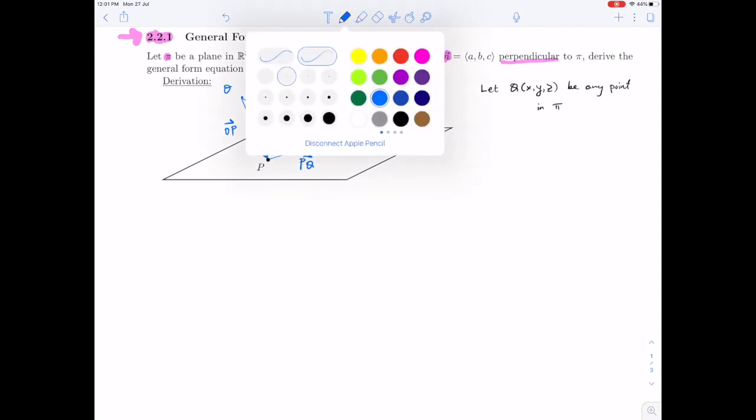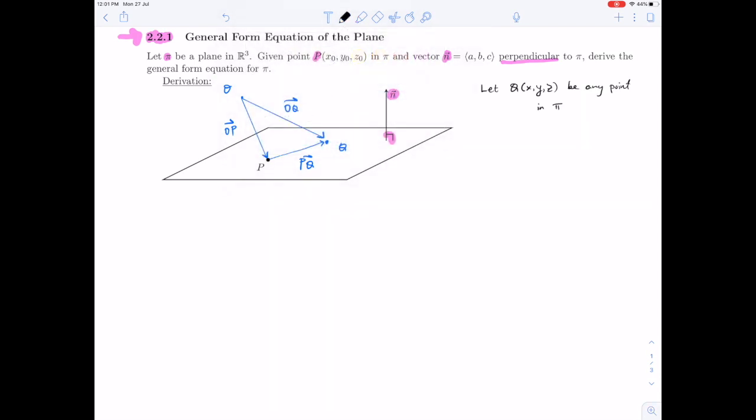So we've got our point Q here, we've got our vector PQ, and what do we notice? Vector PQ has to be perpendicular to the normal vector if it's in the plane. And if that's the case, you learned in your previous section on vectors that the dot product of those two has to be 0. With a tip-to-tail relationship, we can say PQ is OQ minus OP, dotted with n gives us 0.